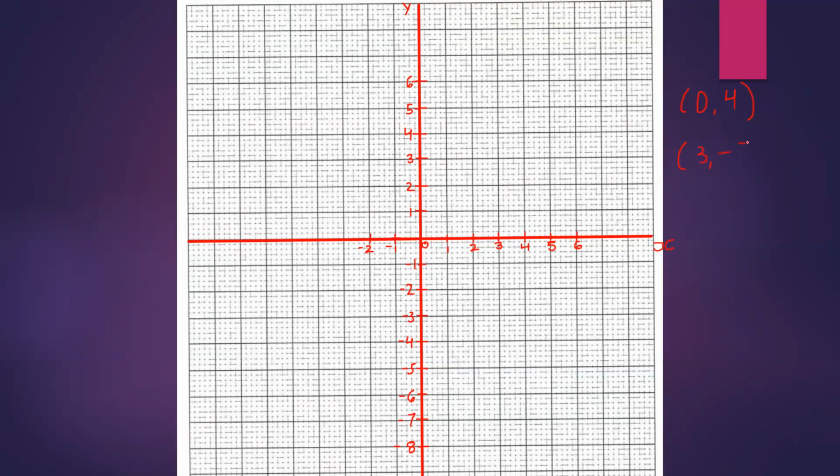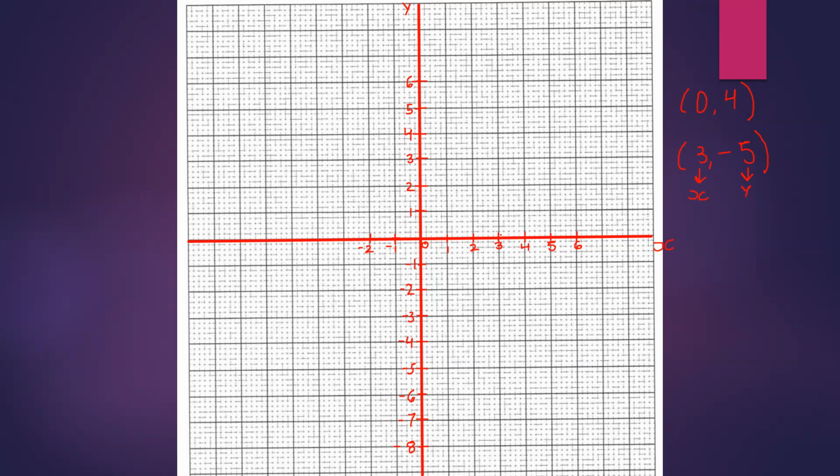I think it's easier to find 3, -5 first. So when you're doing this, the 3 is the x value. The -5, the one that comes second, is the y value. So go to your x value and find 3. There's 3 here, right, on the x.